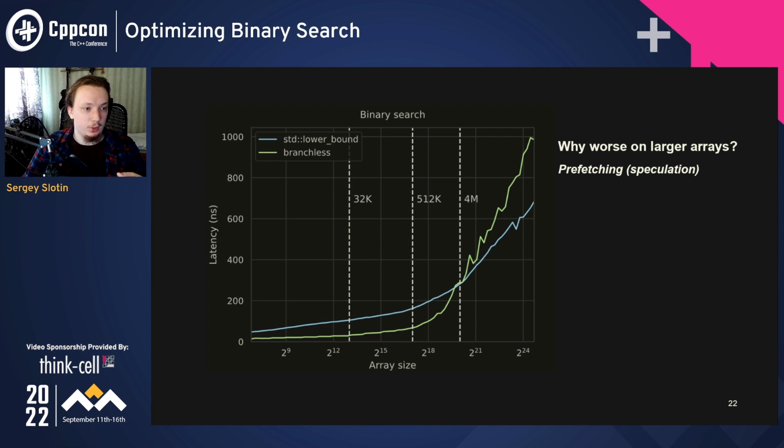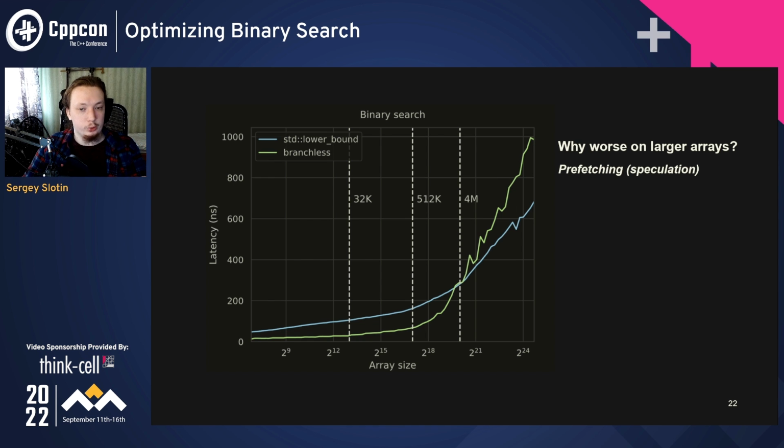It may prefetch the element that we will compare against on the next iteration, and thus reduce the latency of that iteration. And when the array is large, the memory efficiency far outweighs the benefits of not having branches. A branch misprediction costs about a dozen cycles, and a fetch from the main memory costs about 100 cycles, so these are not comparable numbers.